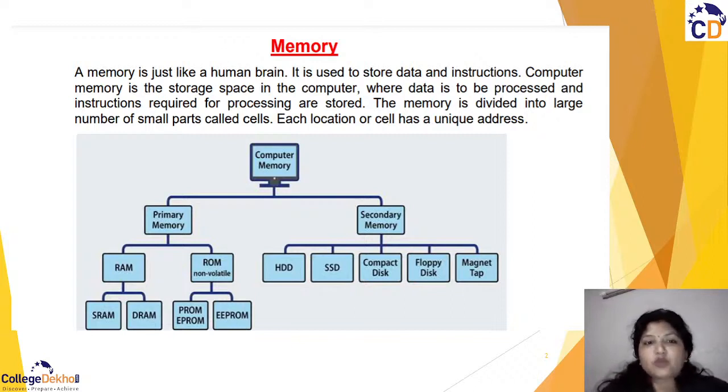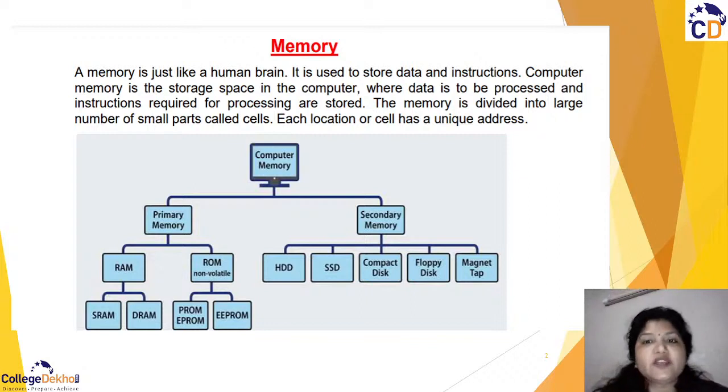Computer memory is the storage space in the computer. Like we have our brain, in a system it is also the memory, right? So we have different types of memory for holding different types of data. You may have temporary data, or you may have some permanent data. According to the type of memory, we will be saving the instructions and data.